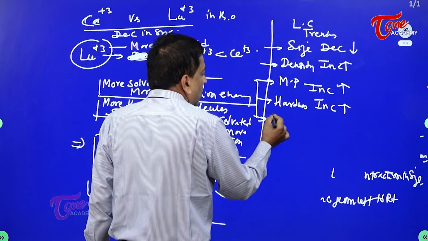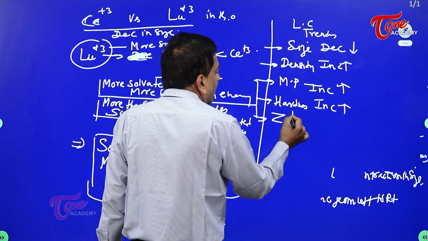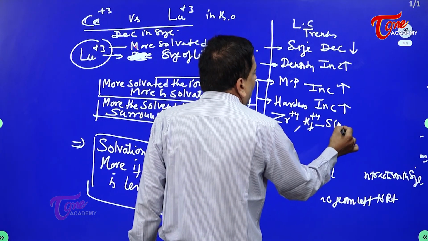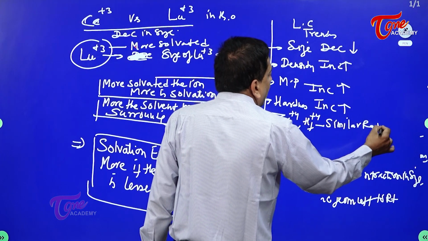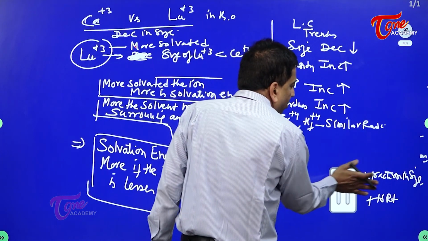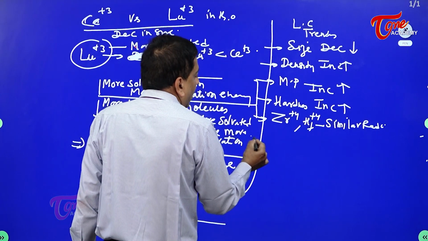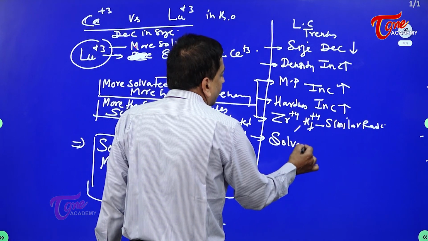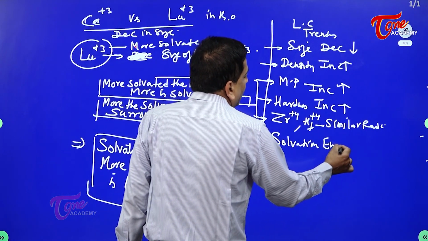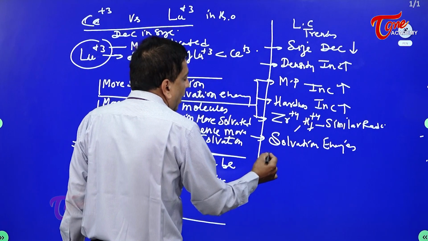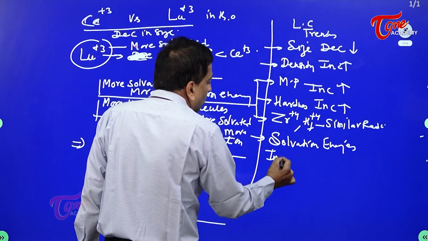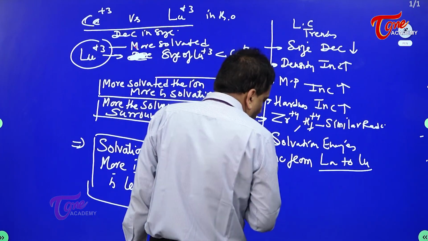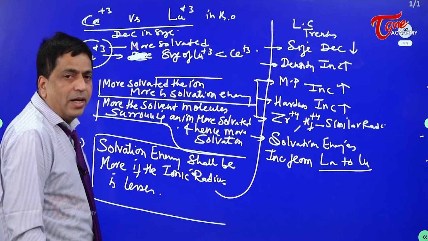And the other one which I was telling, zirconium plus 4 and hafnium plus 4 have similar radii. This is another trend. And also, just now I told you solvation energies basically increase from lanthanum to lutetium in lanthanides.